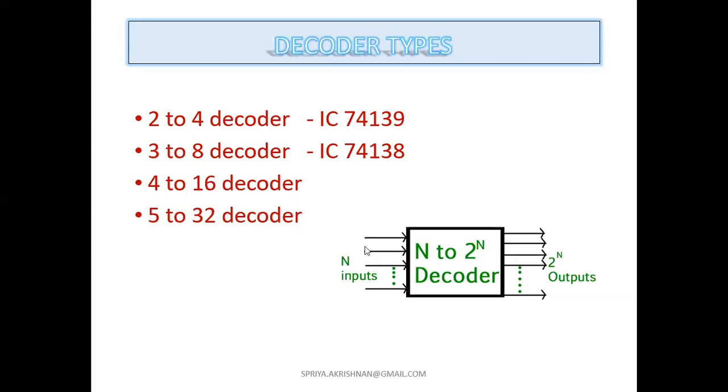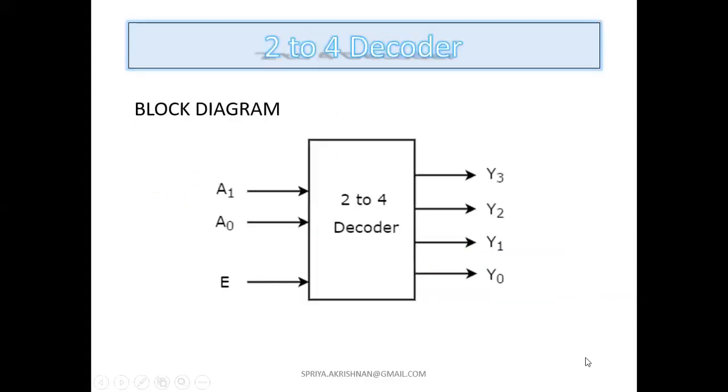So inputs will be 2, output will be any one of the 4 outputs. See, these are the 2 inputs and then we have 4 outputs. If it is 2 inputs, what are all the combinations it will take? 0, 0, 0, 1, 1, 0 and then 1, 1. And enable is required. Enable is like the power switch of your TV or your computer.